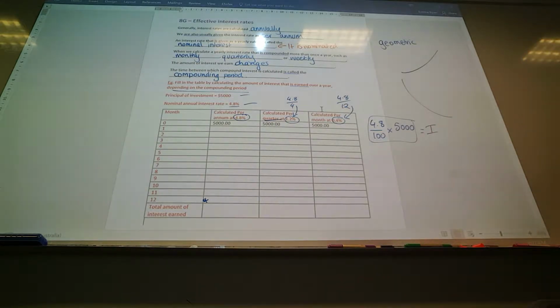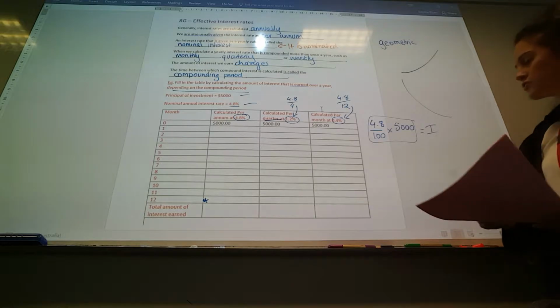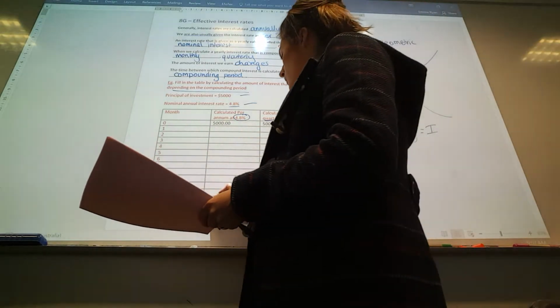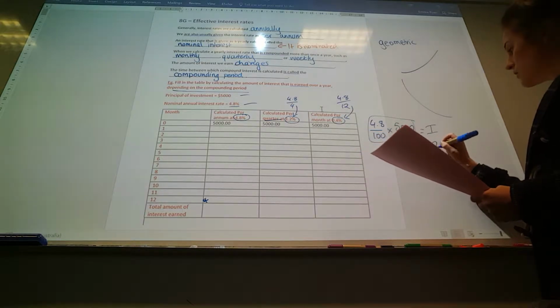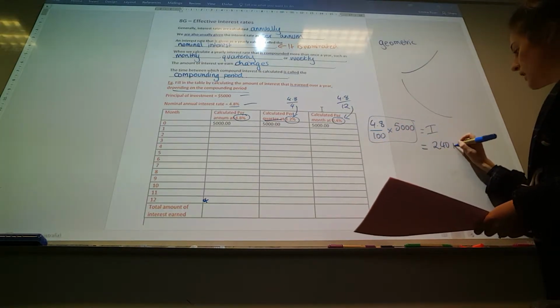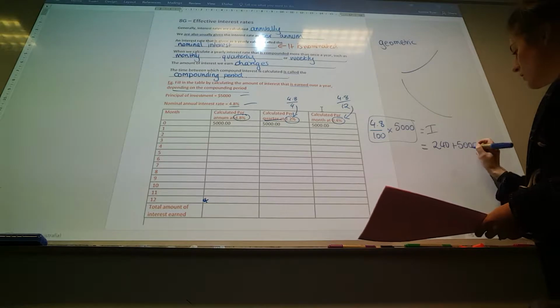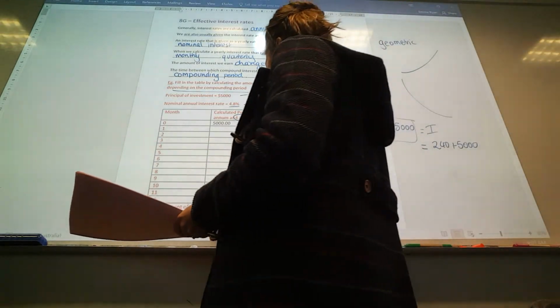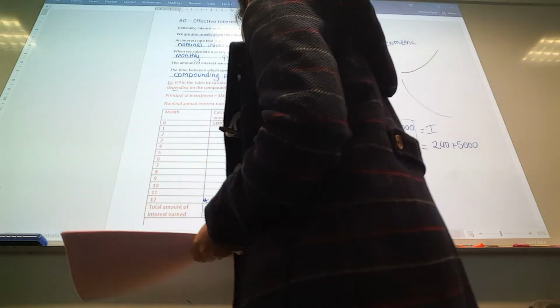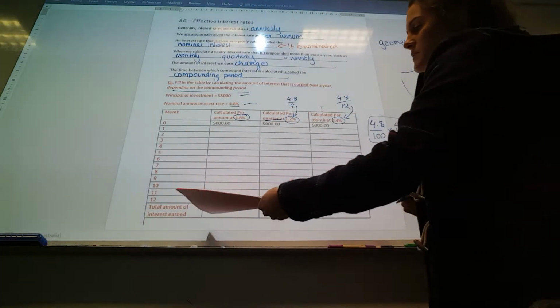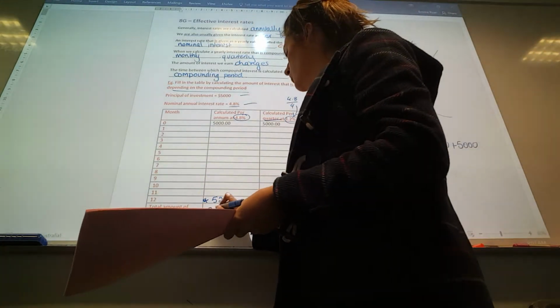Is this making sense? What we're doing? Then put it in 12. Yep, put it in 12. So it will tell us how much interest we have earned. We need to plus that to our original. And the last bit is saying total amount of interest earned.